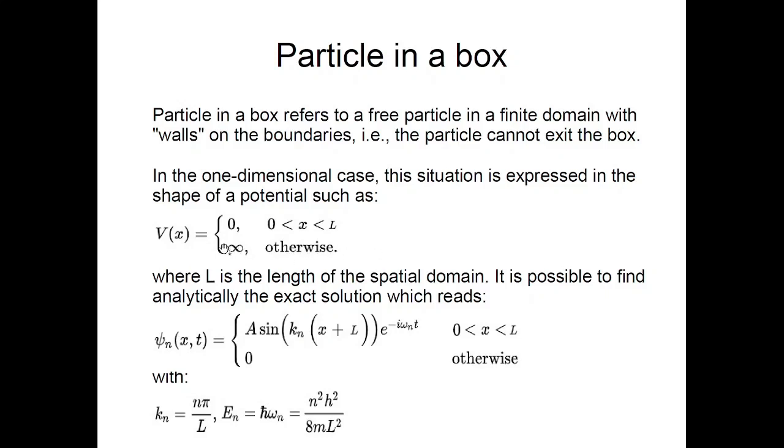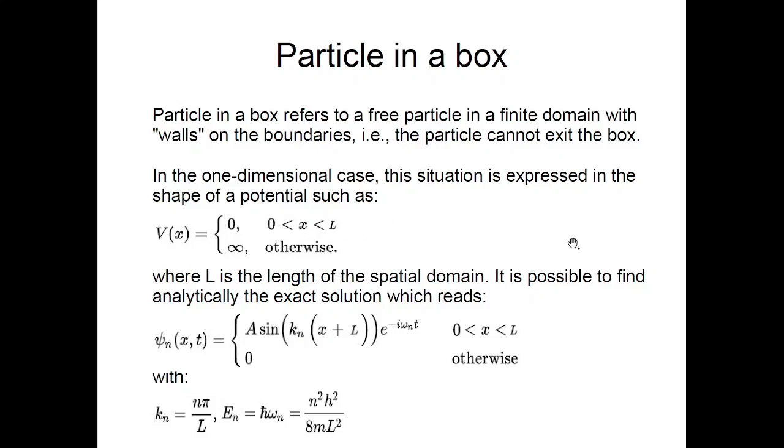So in practice, this infinity is a way to say that we have infinite walls on the boundaries of the spatial domain. Now L is practically the length of the domain. So once again, the spatial domain is one-dimensional, and it is a range that goes from 0 to L.